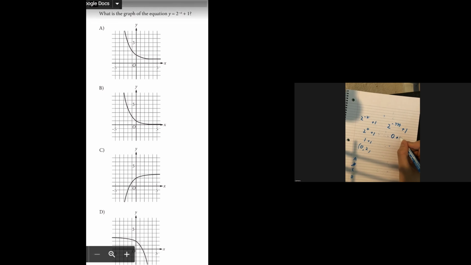So this would be approximately 0 plus 1, which would tell us that as x approaches infinity, the value would actually approach 1, which tells us the only one of these graphs where the value is approaching 1 is A. Because for B, it's approaching 0. For C, it's approaching 3. And for D, it never reaches infinity.